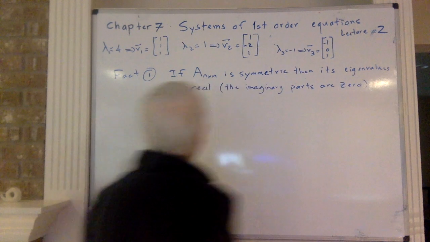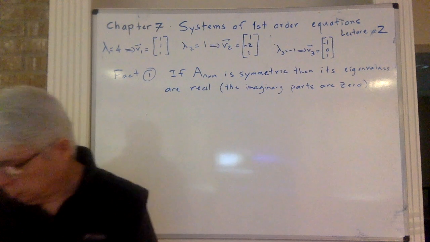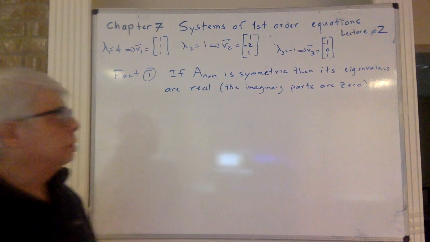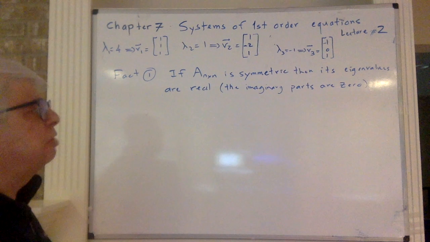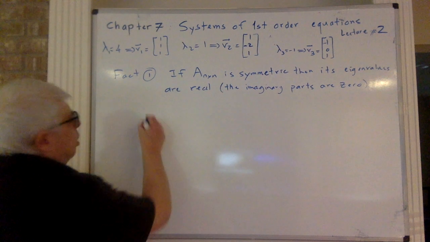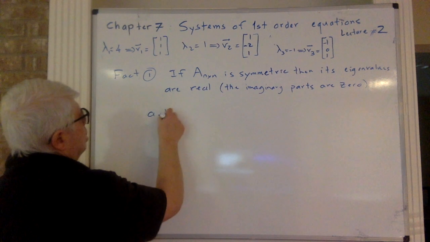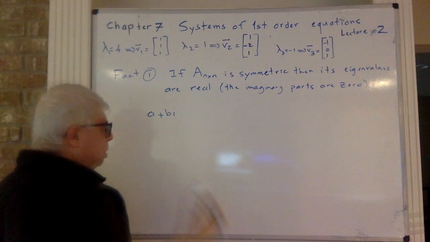That's the beginning. Okay, now how can we prove that a complex number doesn't have an imaginary part? It means that B is 0. So how can I prove that in A plus BI, B is 0? There's an interesting way to do this. There's a trick.